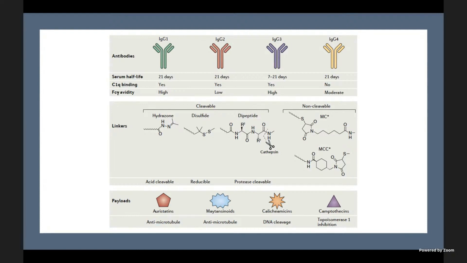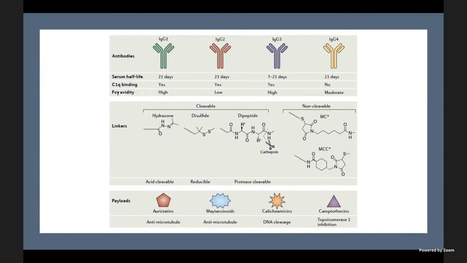Linkers, what we need to understand is that there are two categories majorly. One is cleavable and the other non-cleavable. Now, the last speaker has made my job quite easy when he spoke about the bystander effect. And this is the part which tells us about the bystander effect: what is the linker.